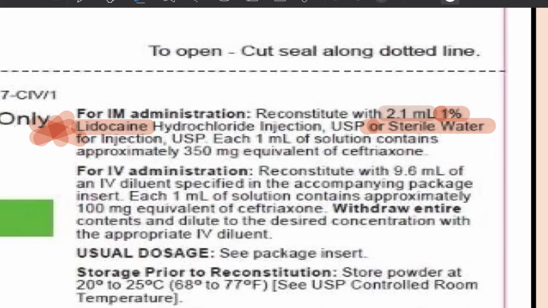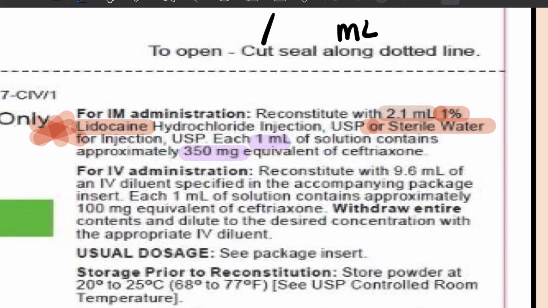Okay, and then our next question may ask us, what is our new concentration of this medication once we turn it into a liquid? So remember, if it's a liquid, it's going to have a volume, meaning you're going to have something per milliliter in how we write it. So let's read what our label says. It says each 1 milliliter of solution contains approximately 350 milligrams of ceftriaxone.